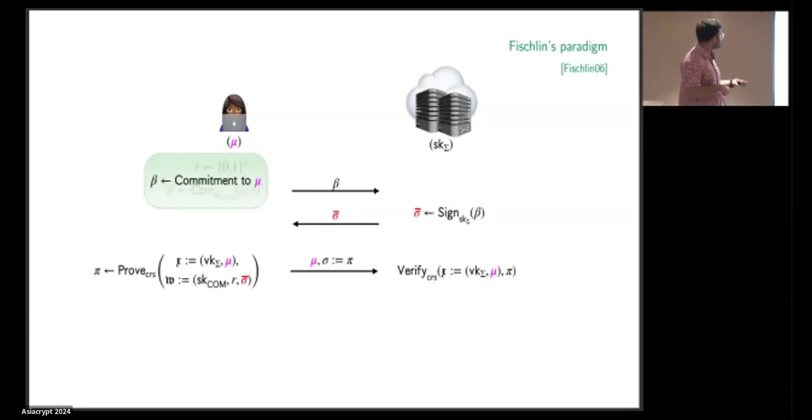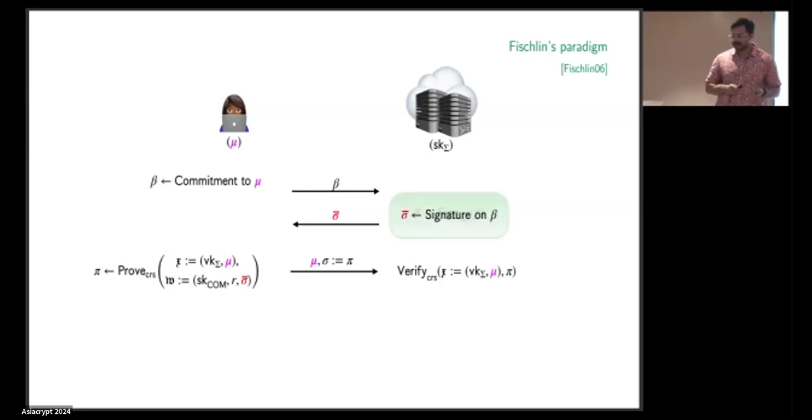So in the scheme, the user wants to get a signature on a message mu. To do that, the user first creates a commitment to its message. If this commitment is hiding, then this is essentially the blindness operation. It sends over the commitment, and the signer will sign this data and send over the resulting pre-signature.